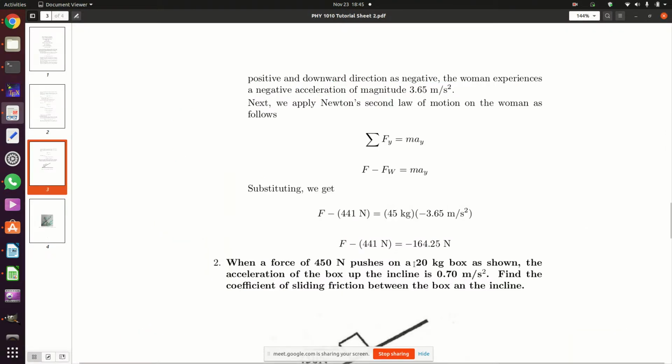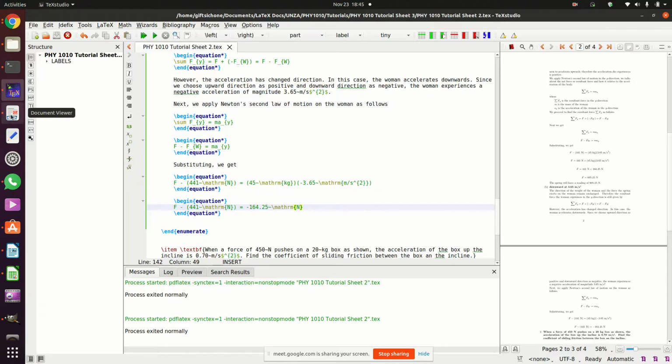So this is what we get. Now that we have got this side, we get this guy, take him to the other side. There's 441. Take it to the other side.